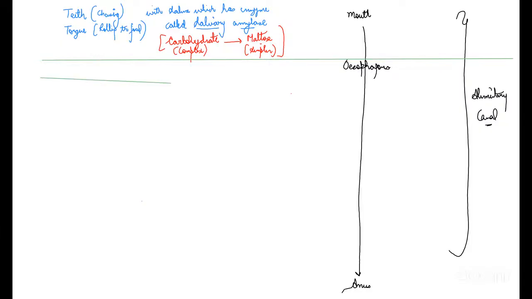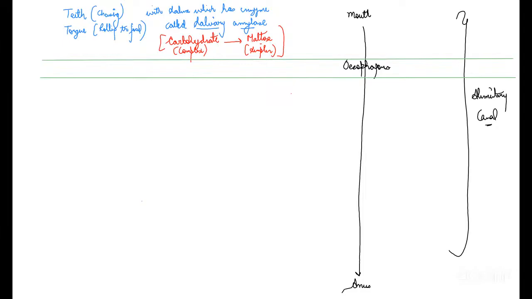Now, what do you mean by esophagus? The esophagus is the only part of the alimentary canal which has no digestion. It means that in the esophagus there will be no digestion. Understood? So the esophagus is the food pipe. It is also called what? Can you repeat with me?